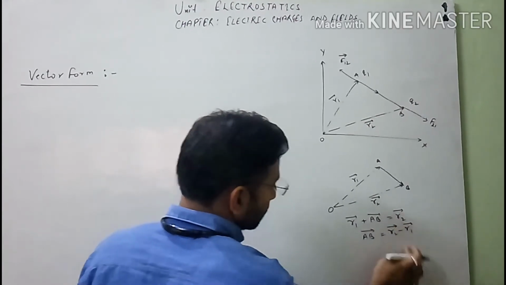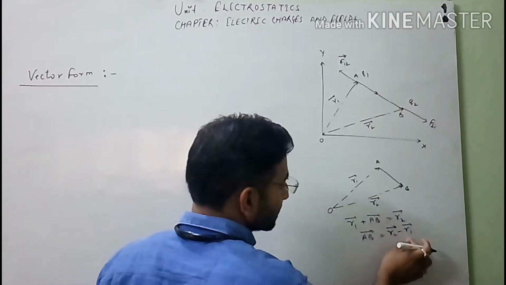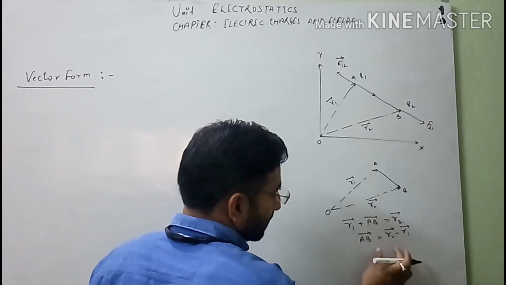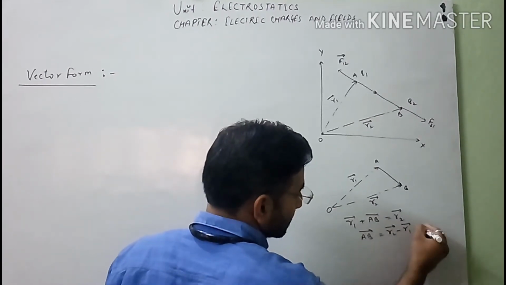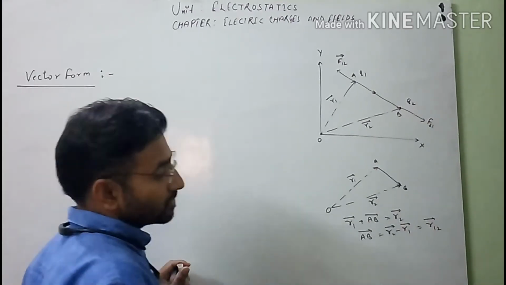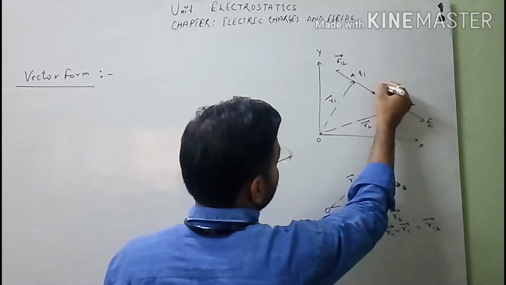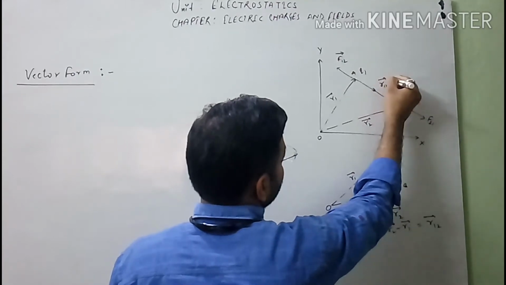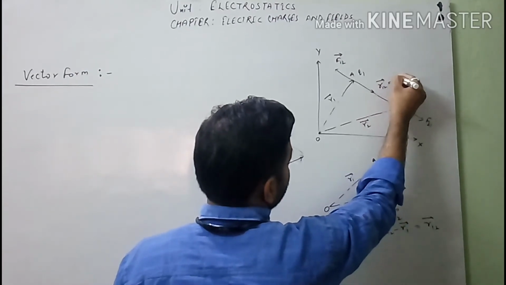Here I will represent R2 minus R1 by R12, this type of position vector. So I will write R12, which is your AB vector.